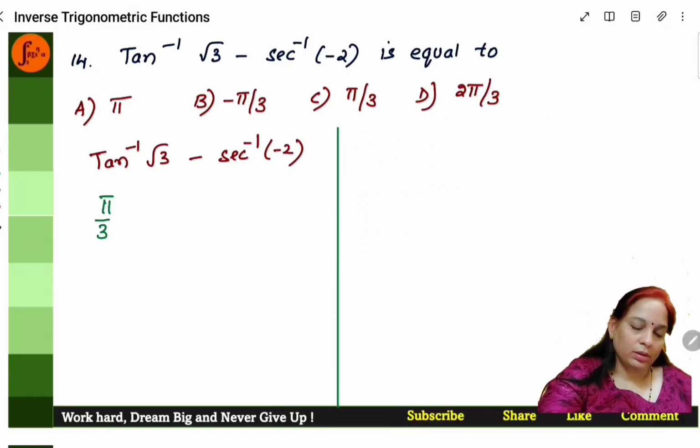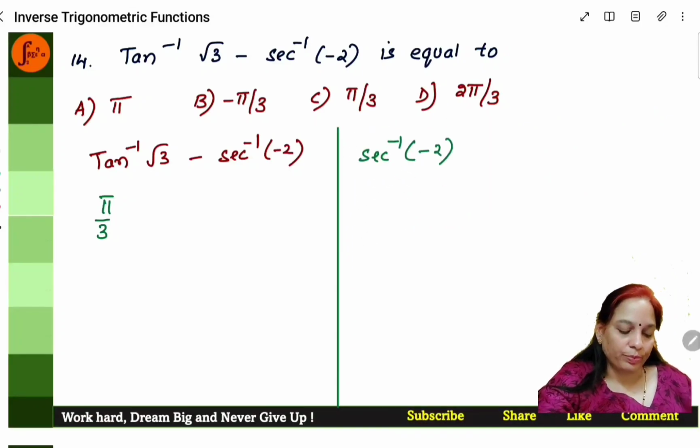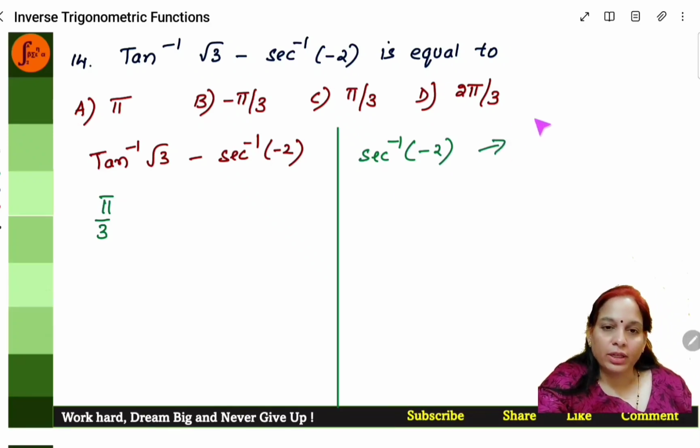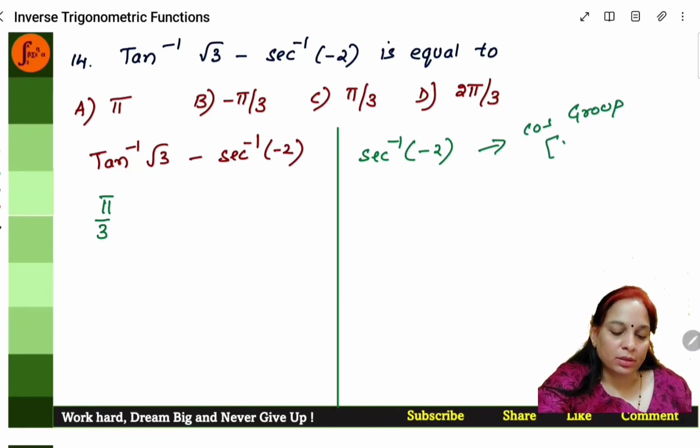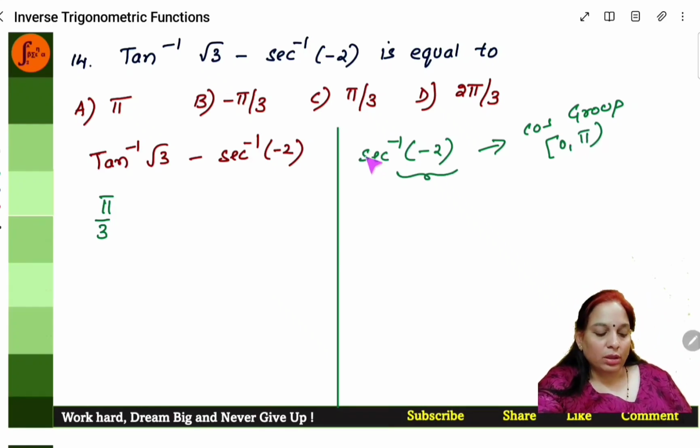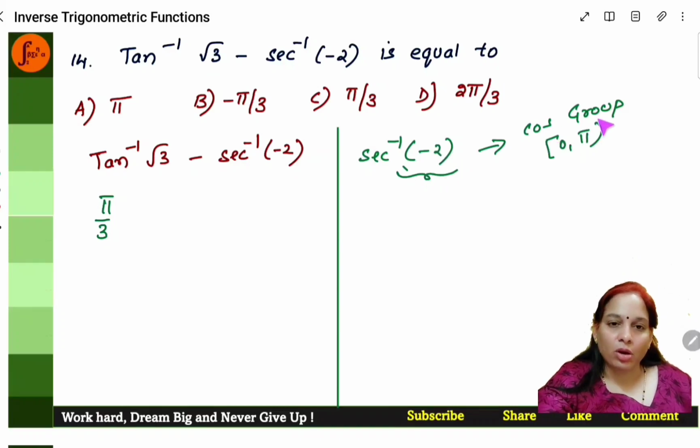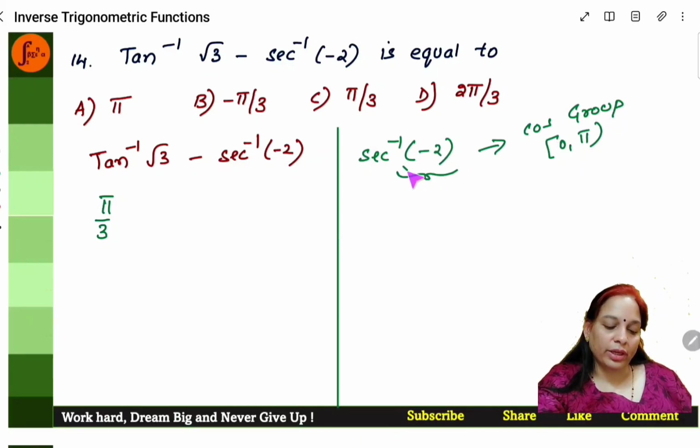Now we look at secant inverse of minus 2. This is falling in the cos group. And the principal value branch is 0 to pi and the value is negative here. So keep a watch on this cos group functions, right? If it's negative, you have to subtract from pi.